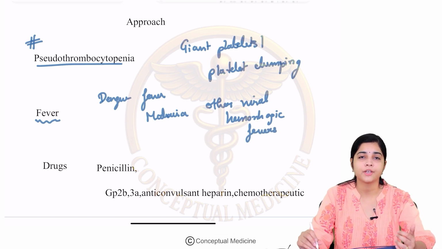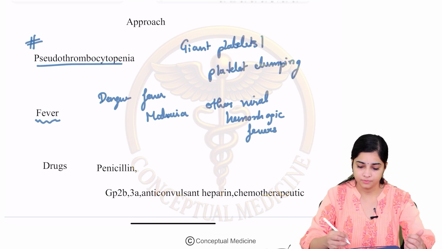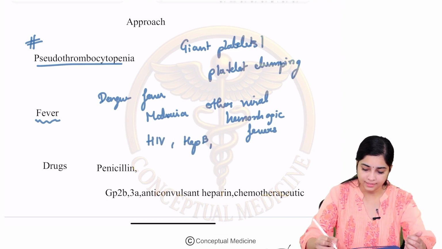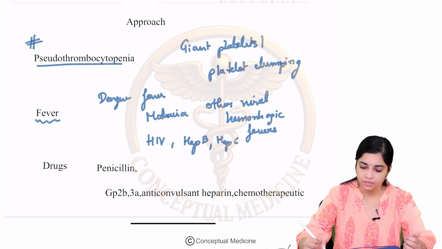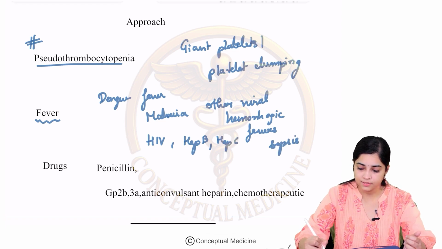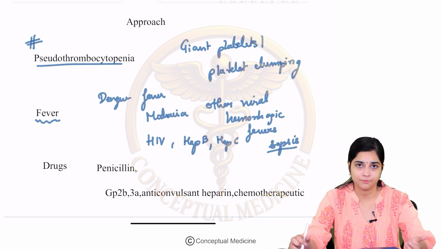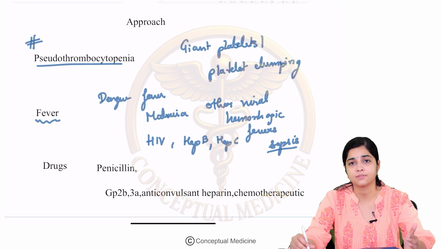Also, chronic infections which can predispose to a drop in platelets include HIV, hepatitis B and hepatitis C. Severe sepsis can also result in thrombocytopenia. So infectious causes have to be kept in mind, especially when the patient has a history of acute fever or fever on and off.